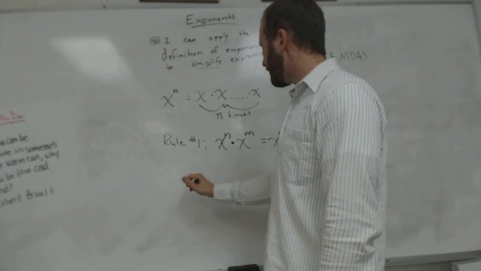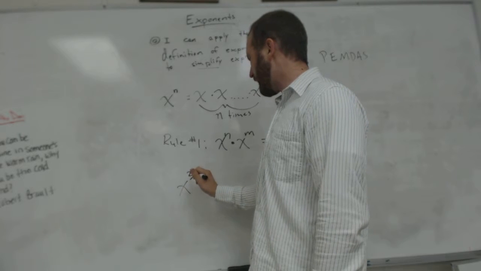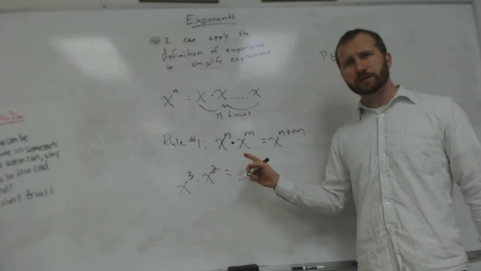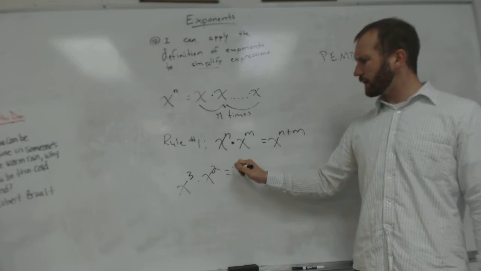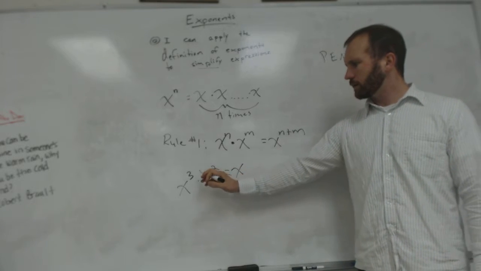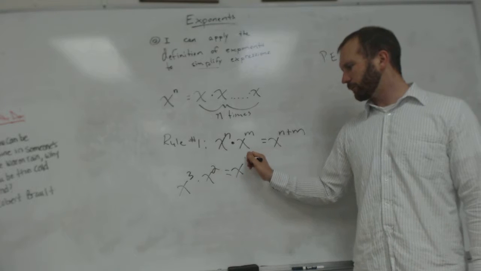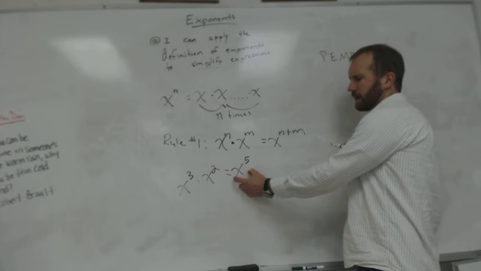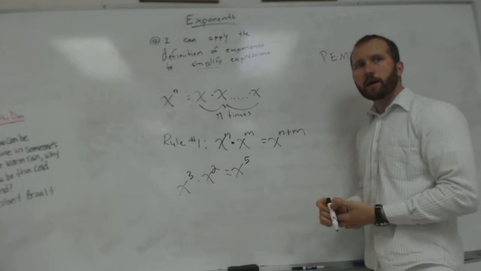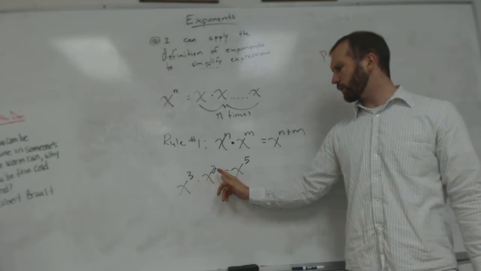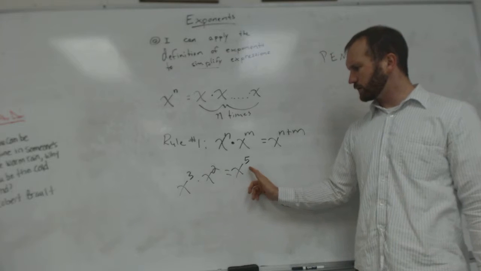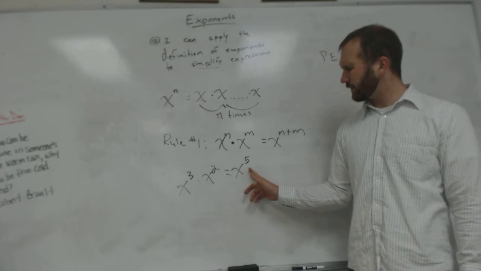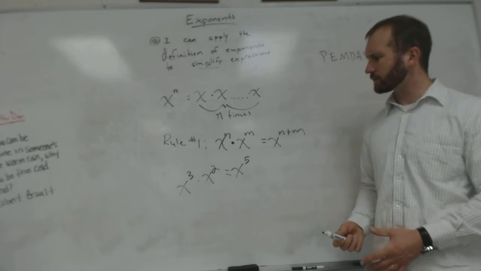So if I have x to the 3rd power times x to the 2nd power, this rule says that's the same thing as x to the 3 plus 2, to the 5th power. And wouldn't you agree that this is a lot simpler than this? I went from 1, 2, 3, 4, 5 different symbols to just 2. So this is simpler.